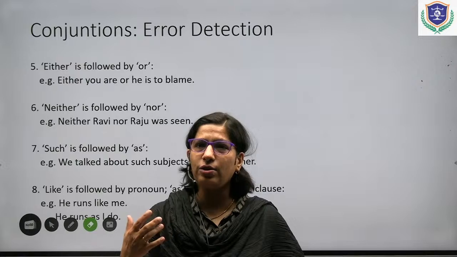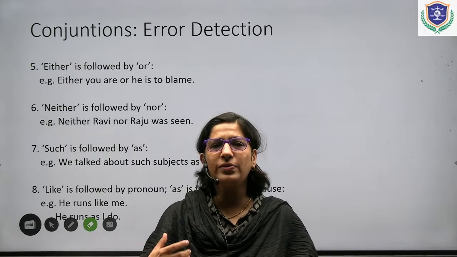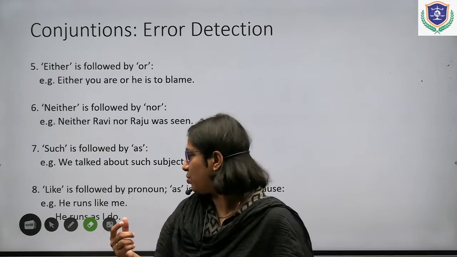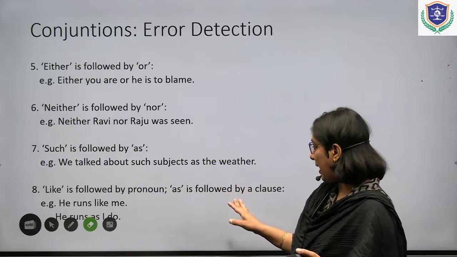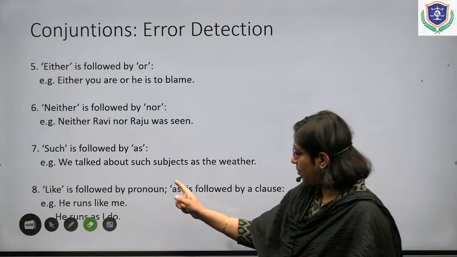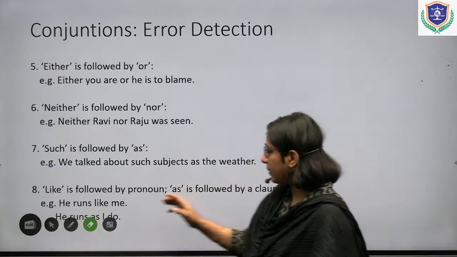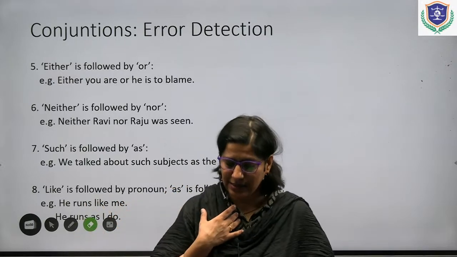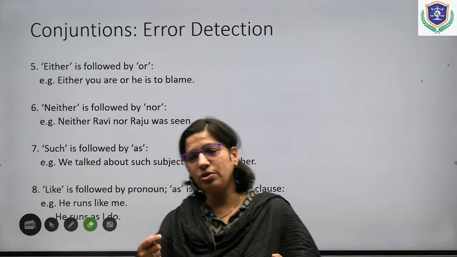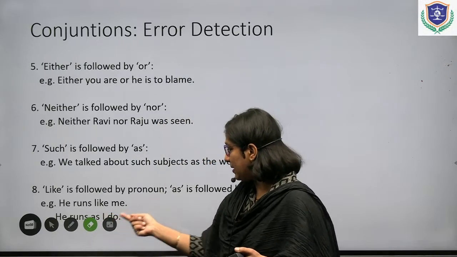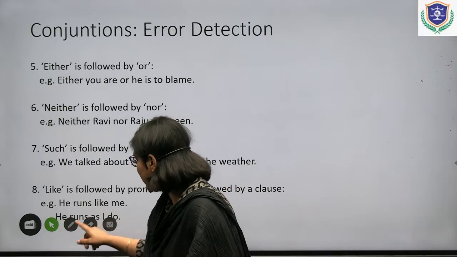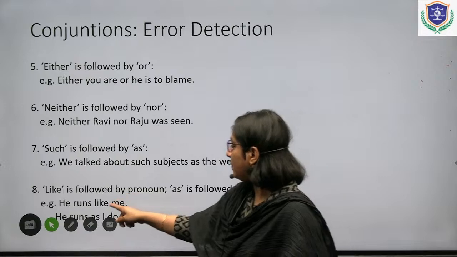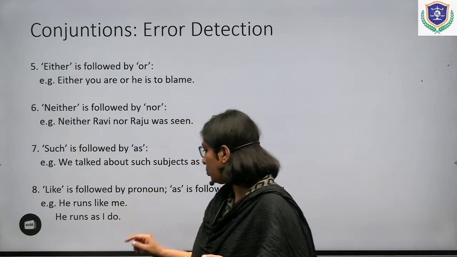These are not the regular ways in which we use grammar, but this is how it has to be used. Now "like" is followed by a pronoun, "as" is followed by a clause. If I'm saying "he runs as I do", I have to complete the sentence as a clause. And if I'm saying "he runs like", then I can directly use the pronoun there.